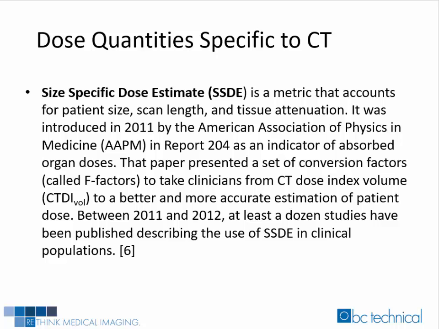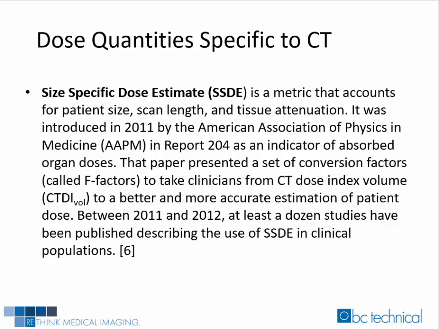The size-specific dose estimate, or SSDE, is a metric that accounts for patient size, scan length, and tissue attenuation. It was introduced in 2011 by the American Association of Physicists in Medicine in Report 204 as an indicator of absorbed organ doses.